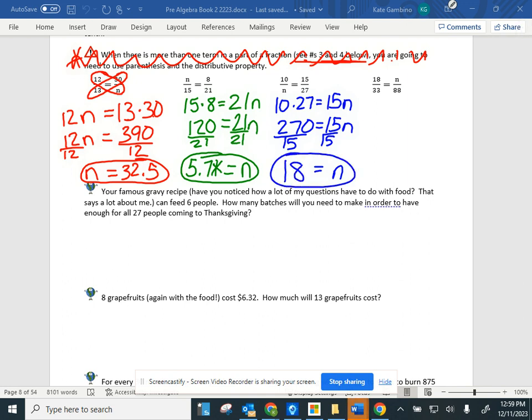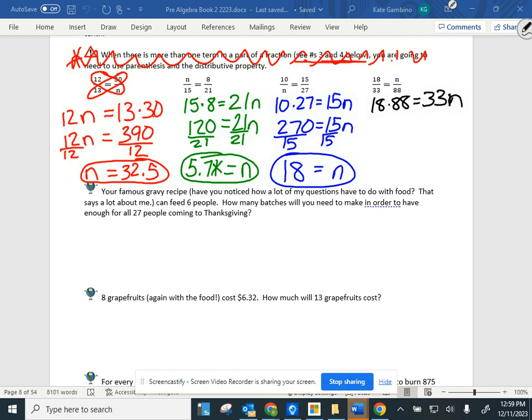One last one we're going to work on together. How am I going to set it up? Olivia: Start with 18 times 88 equals 33 times n, 33n. So what do I do next?